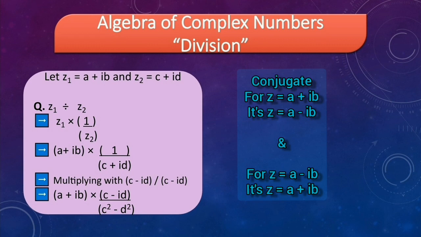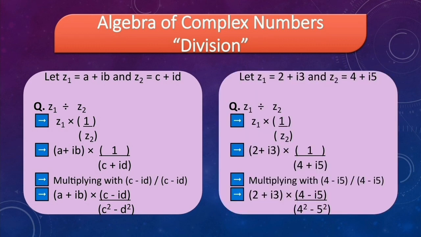on the right of the screen. Now we have z1 is equal to 2 plus iota 3 and z2 is equal to 4 plus iota 5. Let's move ahead to the second step where we have (2 plus iota 3) into 1 upon (4 plus iota 5). Now we would just multiply with the conjugate of the denominator.